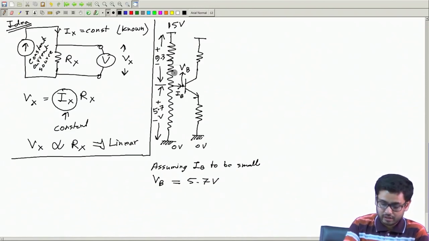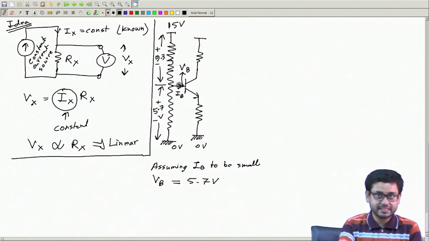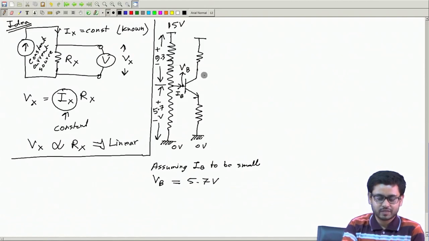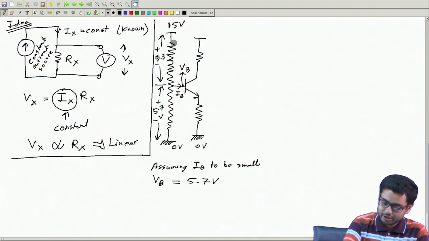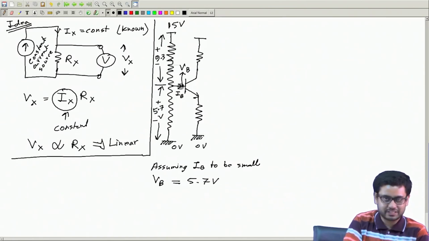Even if IB is changing slightly, as you discussed, IB can change, but even if it changes, this current is small. So a small thing, whether it changes or not, doesn't matter much. So I will have this voltage here unchanged, because the current bypassed is small.